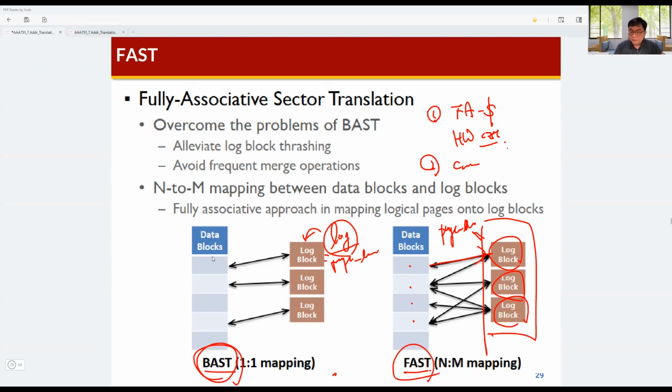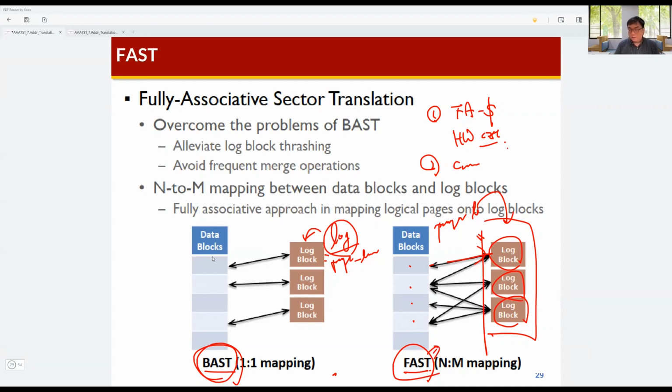With FAST, the authors remove these limitations. That means the page level mapping can be applied to multiple log blocks. Okay, that is the idea of FAST.